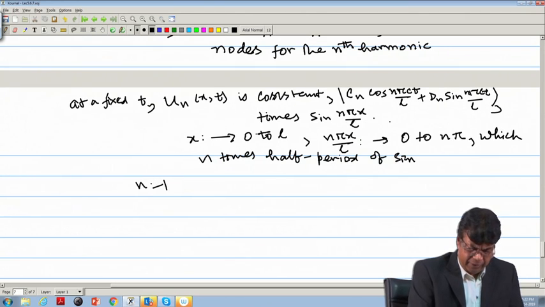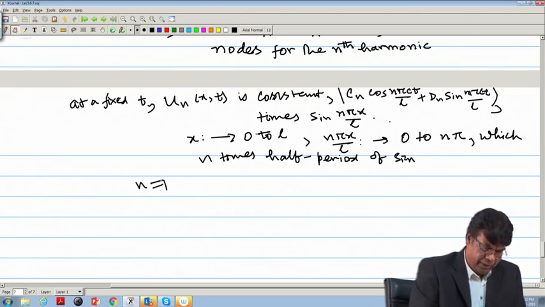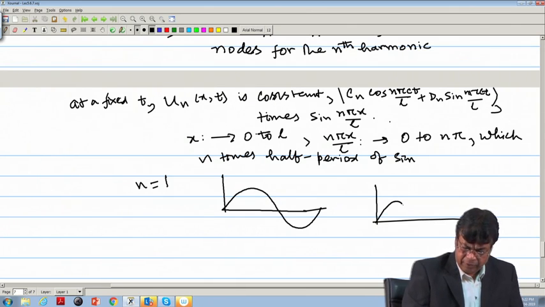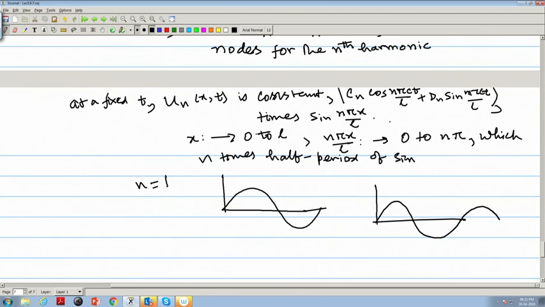For n equal to 1, you have a situation like this, and for n equal to 2, you have this, with x going up to L, like that. So this is the u.